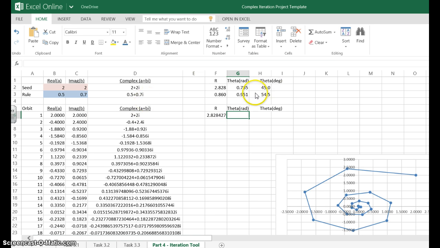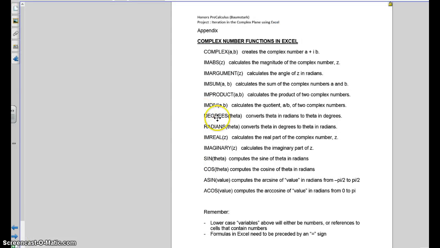And then for theta in radians and degrees, for theta in radians, we'll use IMARGUMENT like we did above to get the complex number's argument. And then we can get theta in degrees. I'm going to use this DEGREES function, which is in the back sheet. Degrees converts theta in radians to theta in degrees.